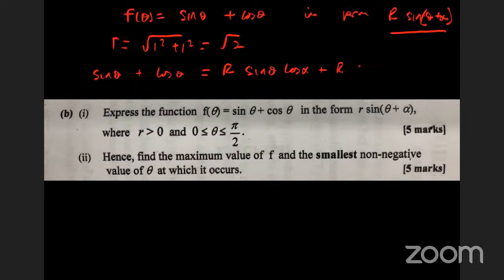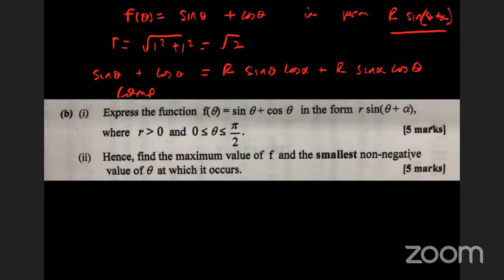We know r is 1 squared plus 1 squared, which is the square root of 2 in this case. And then we're going to take sine theta plus cos theta and make it equal to the expansion of this, which is r sine theta cos alpha plus r sine alpha cos theta.